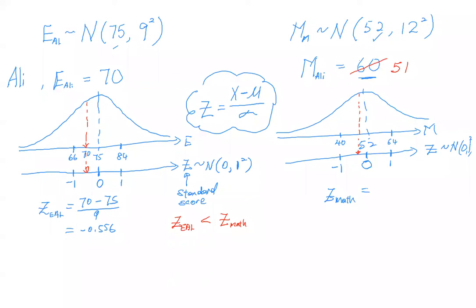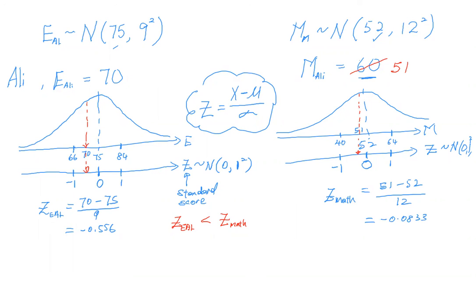How about the Z score for math? It's 51, right? So 51 minus 52 divided by 12. So this is only negative 0.0833.